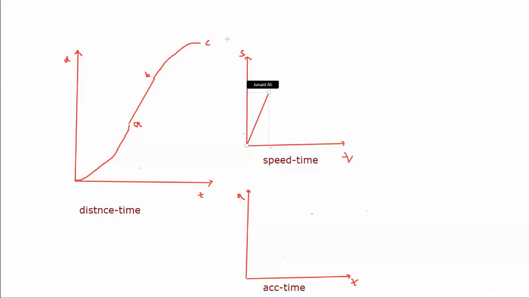I'm going to complete the graph first, and then I will discuss the reason behind this graph. The acceleration time graph for the same would be, I'm just going to erase this line and draw this line at this position.